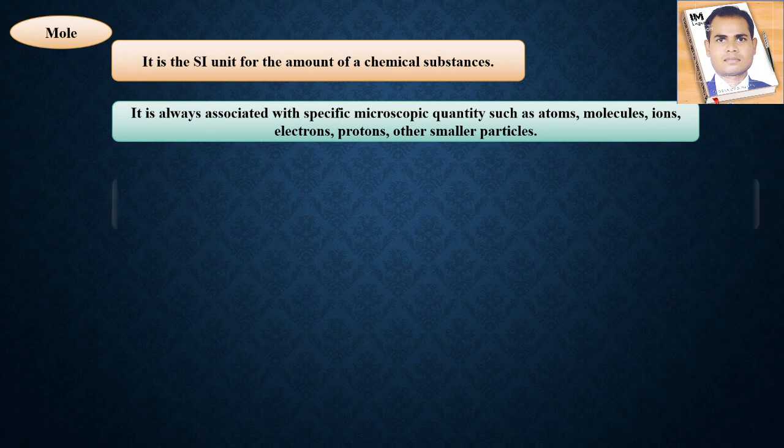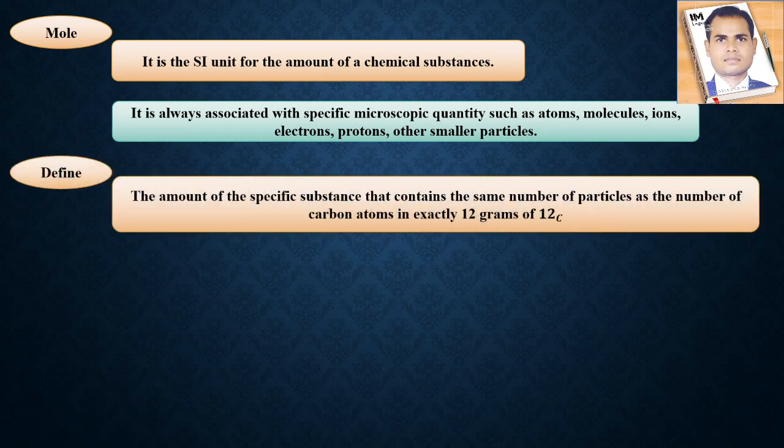The proper definition of the mole is the amount of a specific substance that contains the same number of particles as the number of carbon atoms in exactly 12 grams of carbon-12. For example, the mass of carbon is 12, so 12 grams of carbon is equal to 1 mole of carbon.